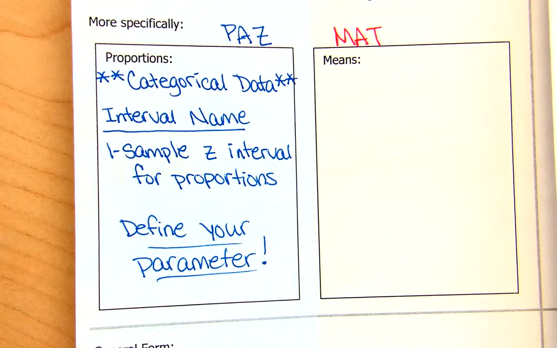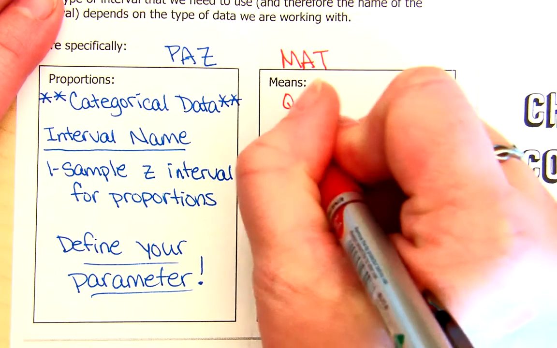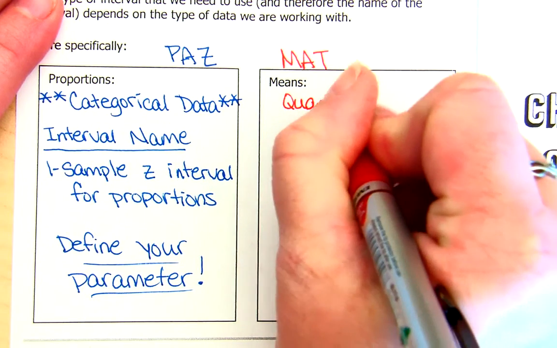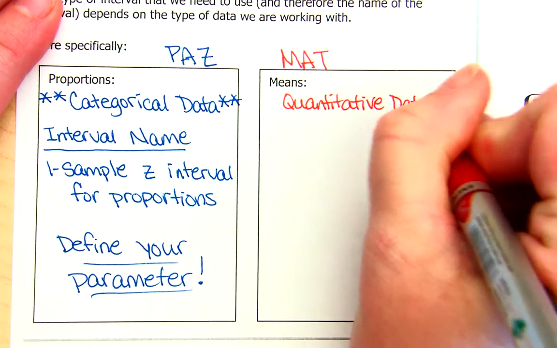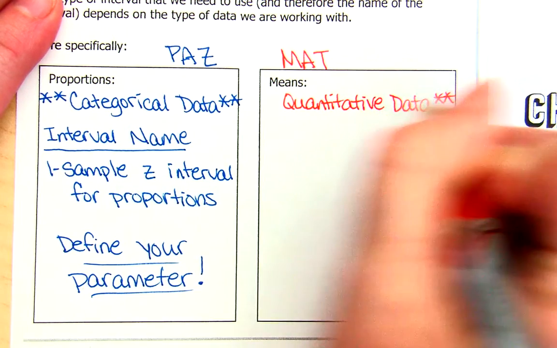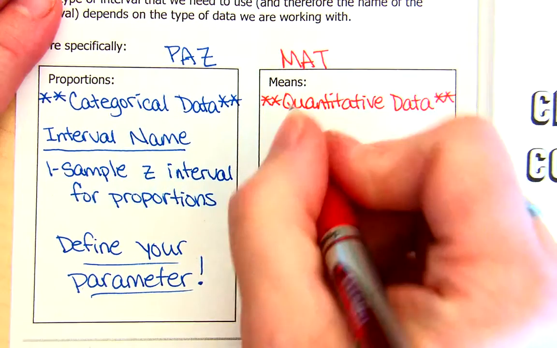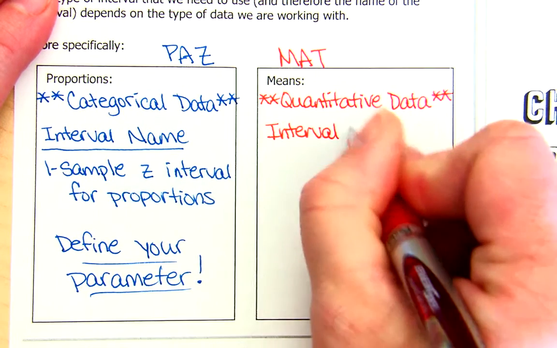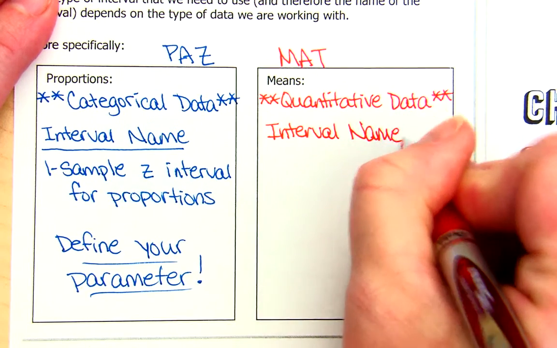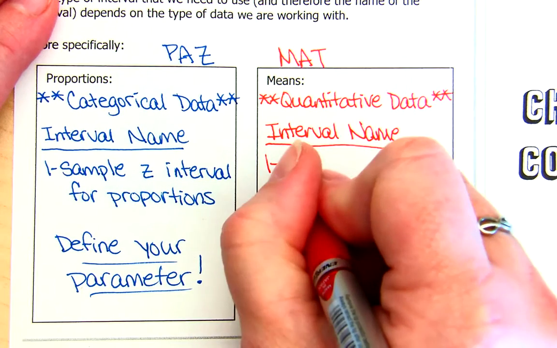For means, instead of categorical, we're looking at quantitative data. So our interval name will be a one sample T interval for means.